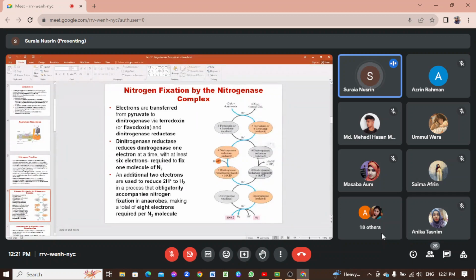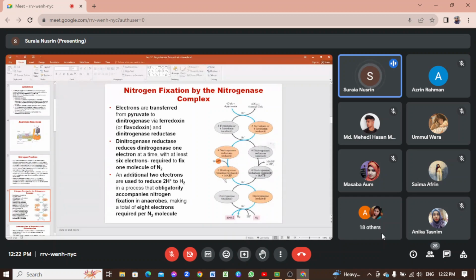So we get the electrons from the reaction of pyruvate to acetyl CoA, and that is given to flavodoxin or ferredoxin. Then that goes to the dinitrogenase reductase, which needs to be activated, and that is done by the participation of ATP.